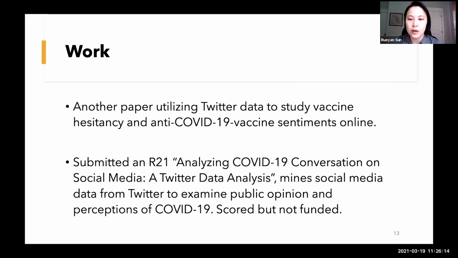And another project I finished last year is that we also submitted an R21 titled Analyzing COVID-19 Conversation on Social Media, a Twitter data analysis, to NIH, where we propose to mine social media data to examine public opinion and perceptions. The proposal was scored but not funded, so we are working on a revise and resubmission right now.